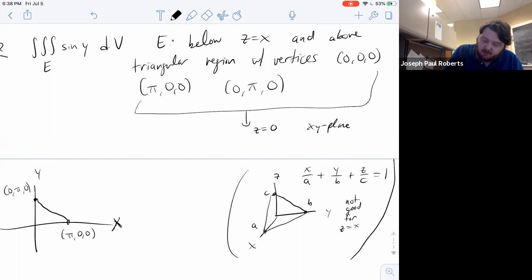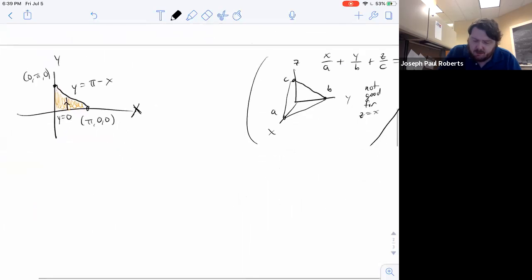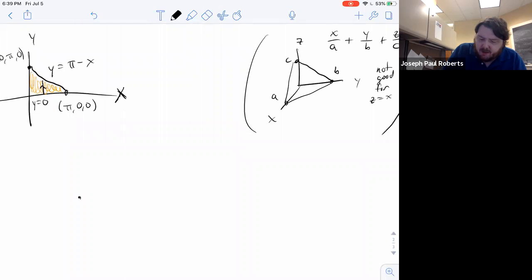And so it says above that triangular region, so it sounds like the shadow in the xy plane is this triangle right here. I'm going to need it later. I can figure out the equation of that top curve, it's y equals pi minus x. Okay, so anyway, it sounds like that's our base of this solid tetrahedron that I have.